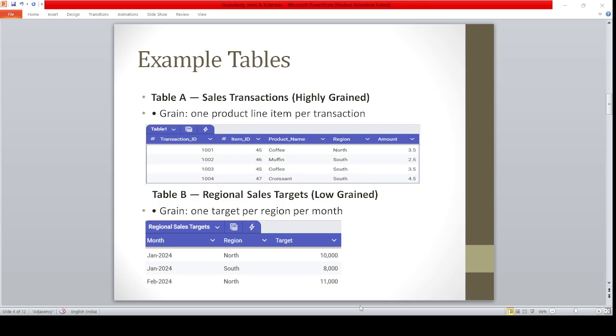If we have 500 transactions in the north region in January, the monthly target of 10,000 gets duplicated 500 times. And even the February target gets duplicated 500 times. That's how numbers explode. I hope you understood.